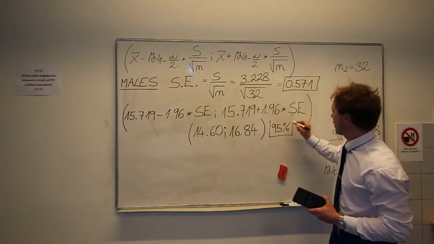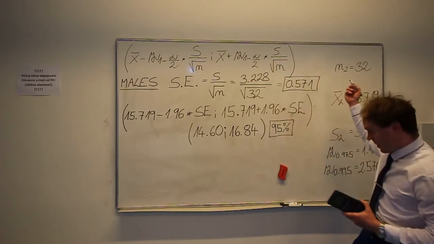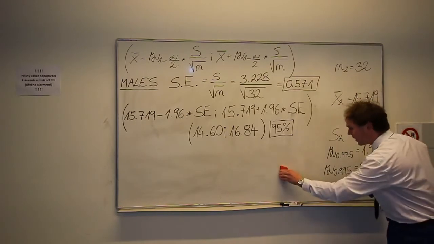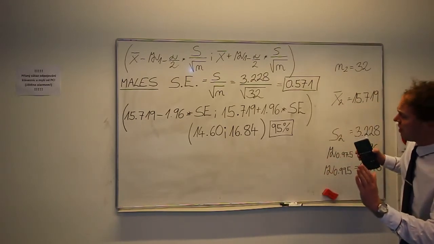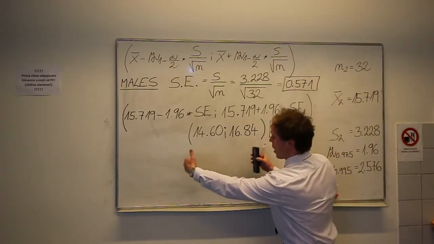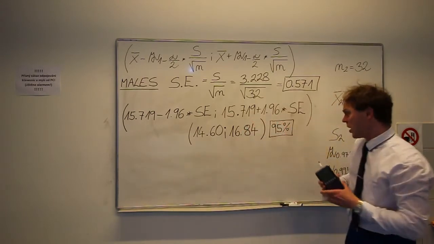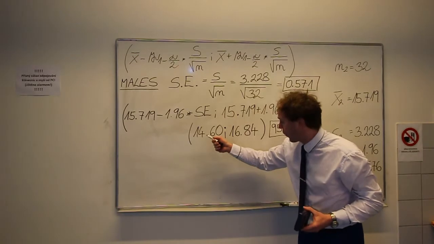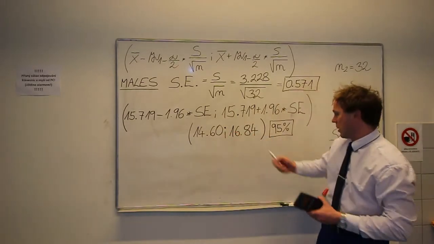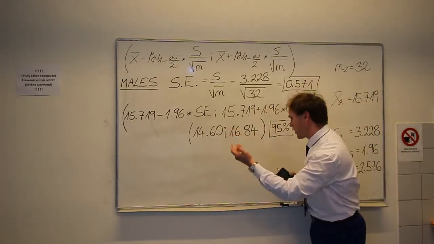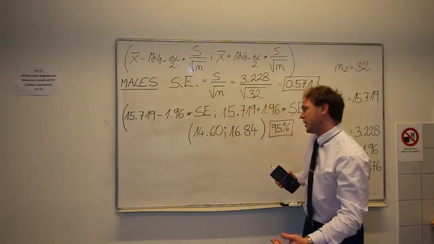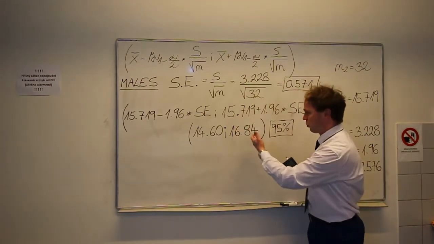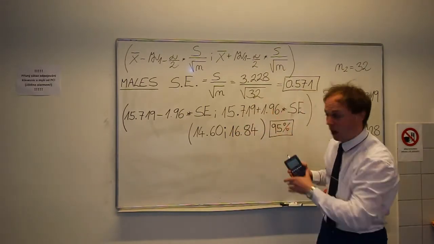So this is the 95% confidence level, and the 99% confidence level must be wider than this one. So the left side will be, I don't know, 14.1, and the right side, for example, 17.2. I don't know, I will calculate it.